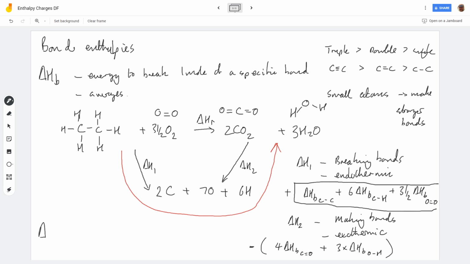So another way that this is sometimes written is delta H R is going to be the sum of the delta H bonds of the reactants minus the sum of the enthalpy changes of the bonds for the products.